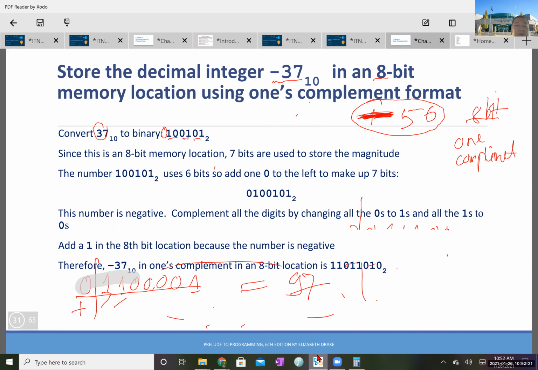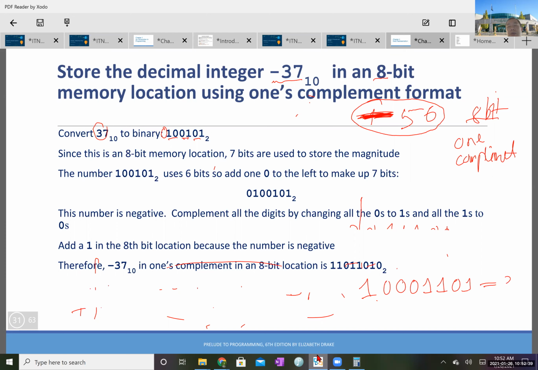So if I have the number 1, 0, 0, 0, 1, 0, 1 here, what do you think in the one's complement here? What is the number in the decimal, and how do we do it? Negative 13?